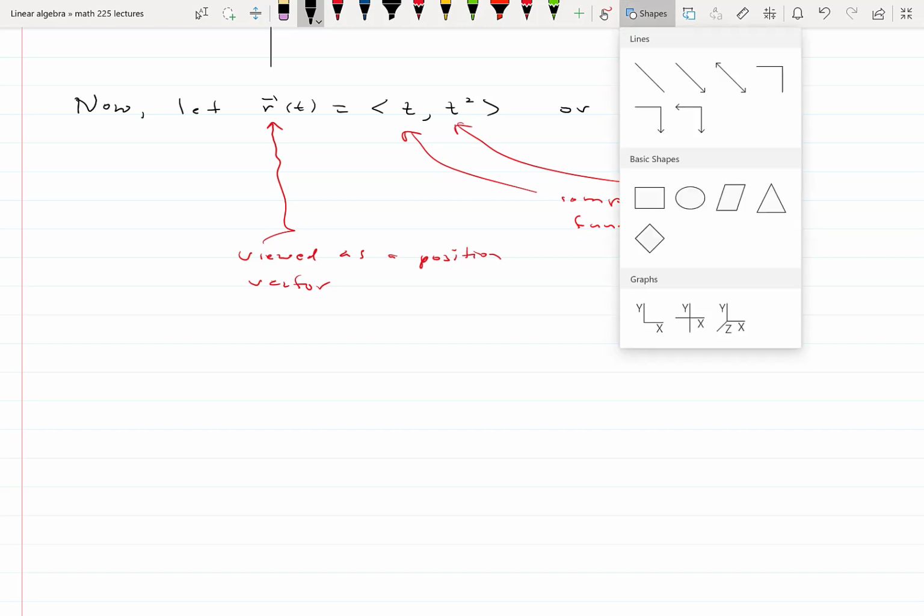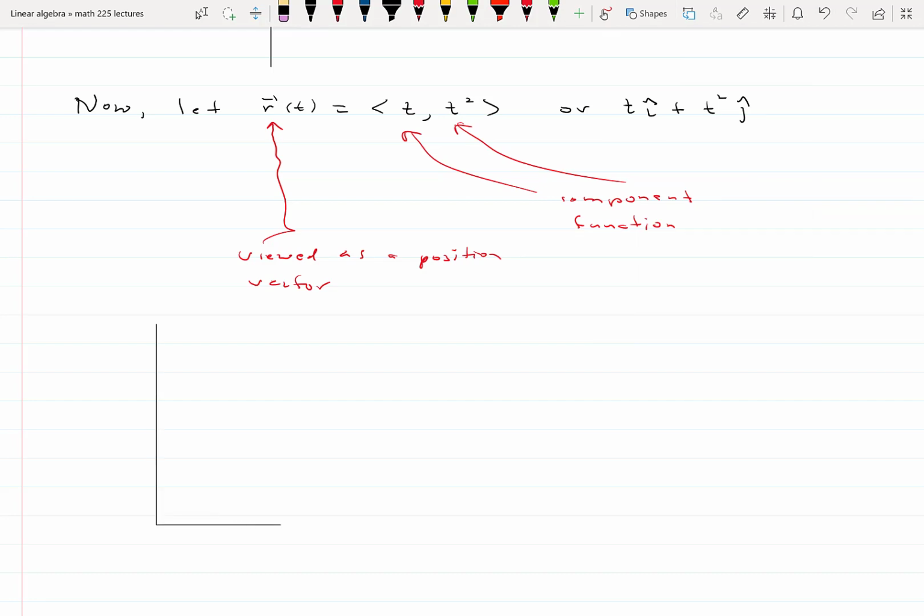It looks very simple graphically. To graph a vector function, it's very common to take the vector function and write it as scalar functions of t. So if I pull out the components, then x is going to equal t and y equals t squared.